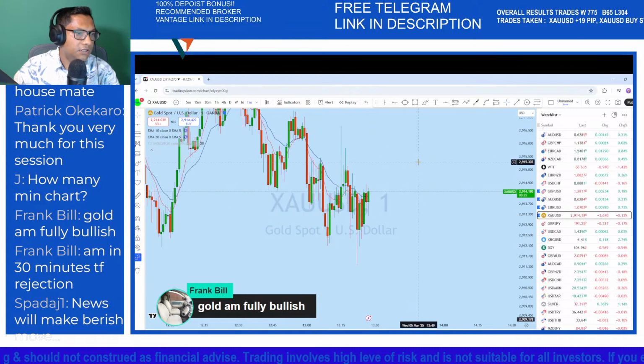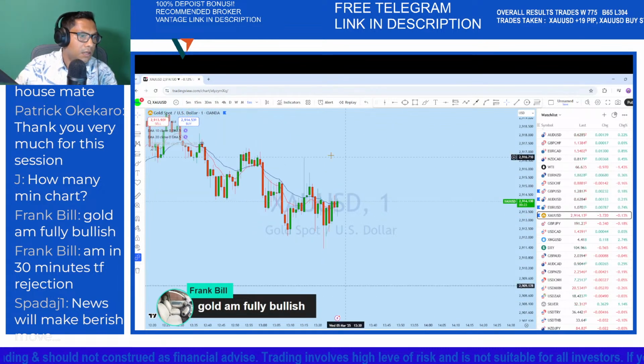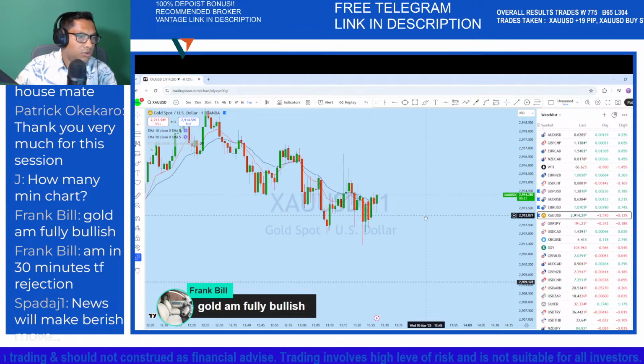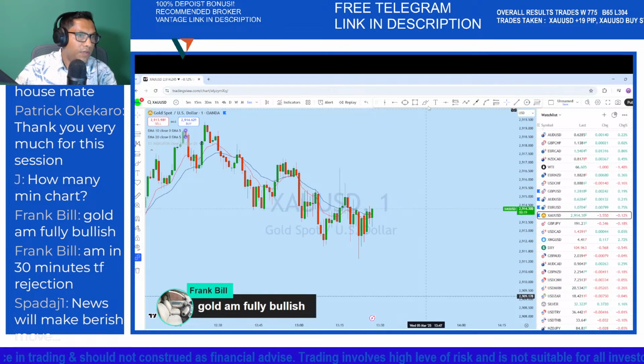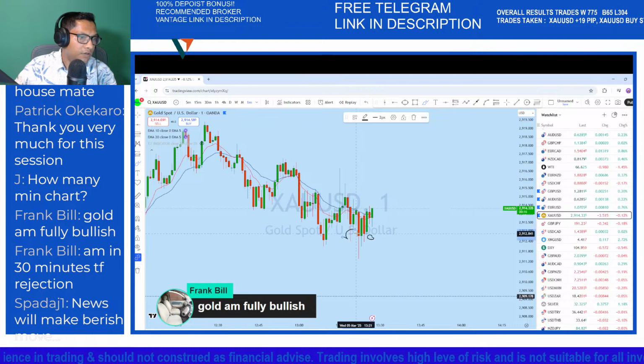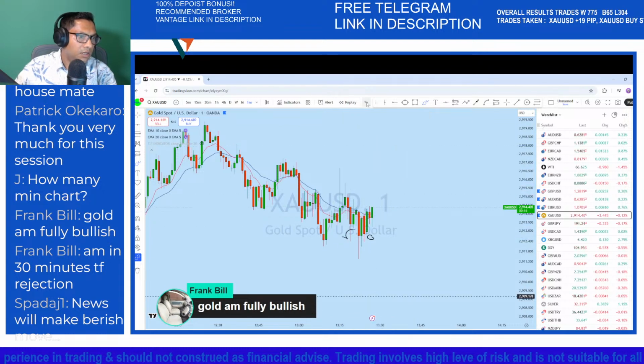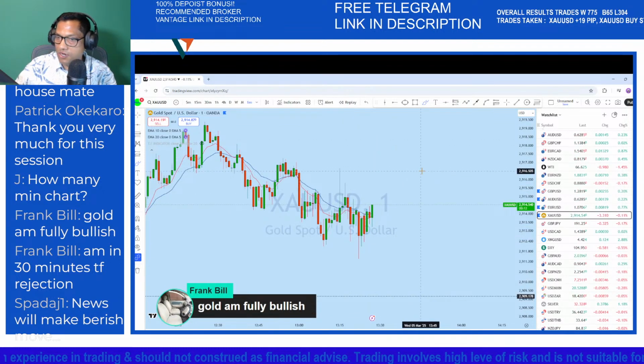Okay, so you can see that there is a breakout here, and with that breakout we can see the market has formed a potentially inverted head and shoulder, and then it's moving in that direction.